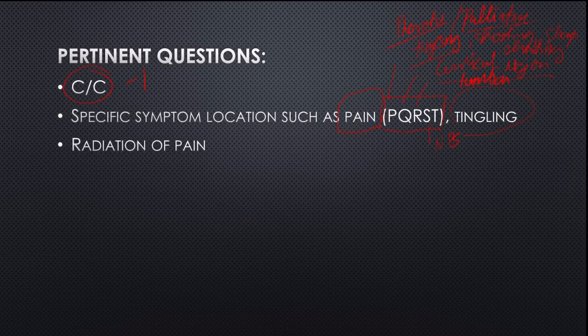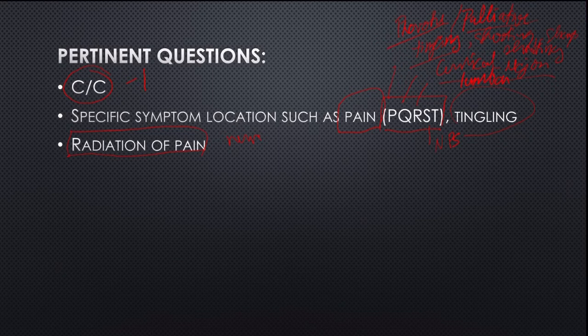Next, radiation of pain. This is what I talked about earlier, that if ever there's a problem with the neck, the cervical spine, if there's a nerve that is affected on the cervical region, then manifestation would be in your upper extremity. That includes your shoulder, elbow, wrist, and hand.